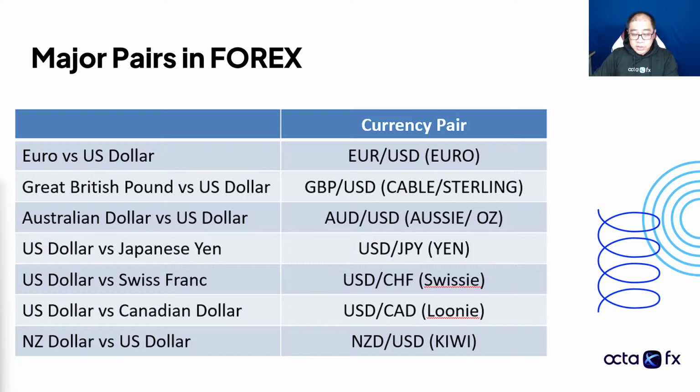The US dollar versus the Japanese yen, or dollar yen, or simply just yen. US dollar versus Swiss franc, that's the Swissy. The US dollar versus Canadian dollar, the loonie, although not a lot of people actually use the term loonie nowadays. New Zealand dollar versus the US dollar, also called the Kiwi.